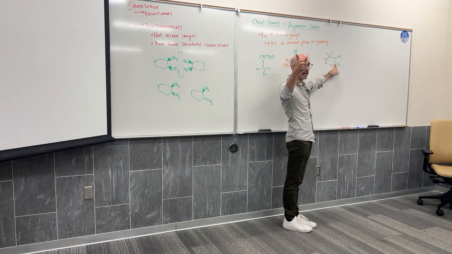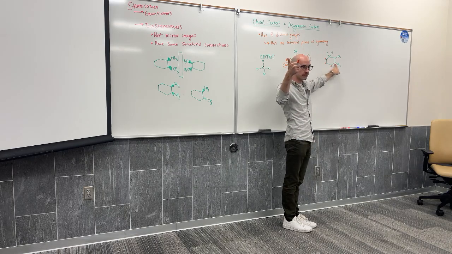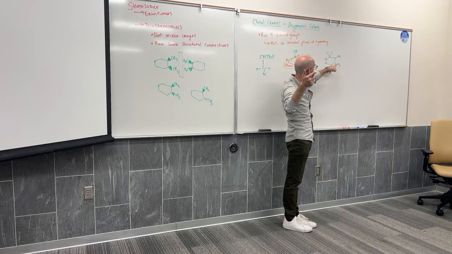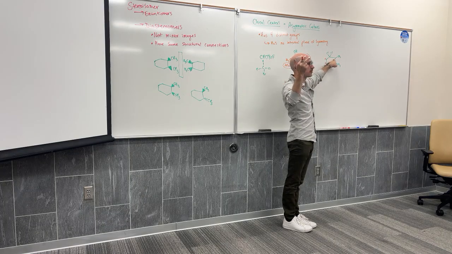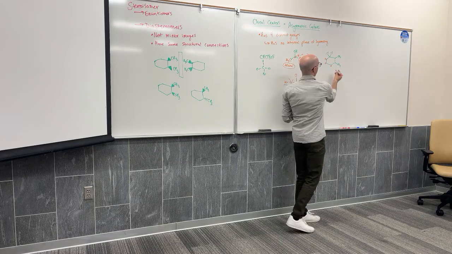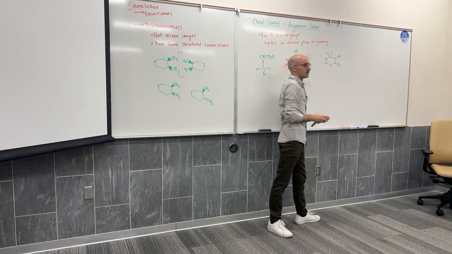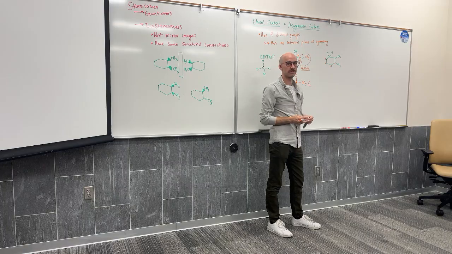It's bonded to a hydrogen, that's assumed. It's bonded to a methyl group. It's bonded to a CH2 in the ring, and it's bonded to a CH in the ring. Those are all different groups, despite the fact that 3 of them involve carbon. That's a chiral center, 4 distinct groups.